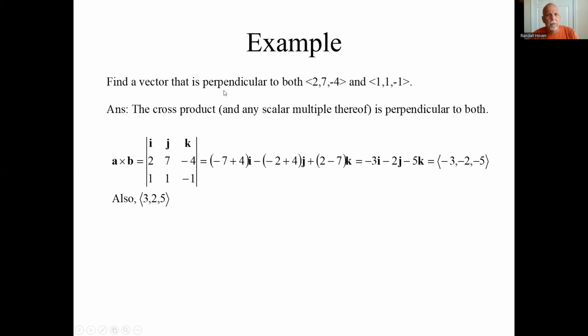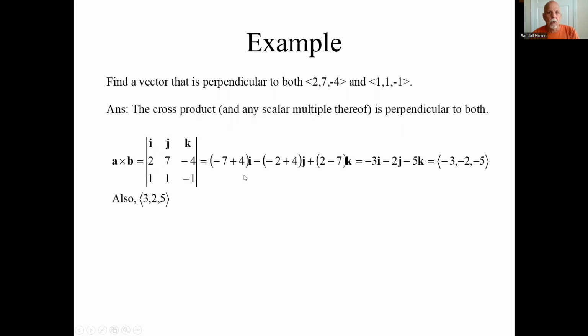Simple example, find a vector that's perpendicular to two given vectors. Well, just take their cross product. And then any scalar multiple of that vector is also perpendicular to it, because changing the scale of it doesn't change the direction.